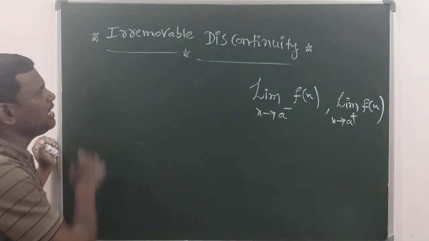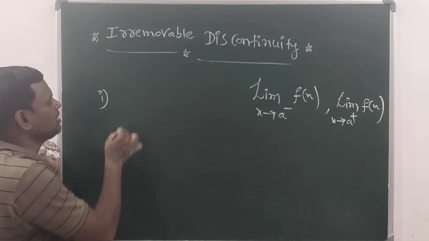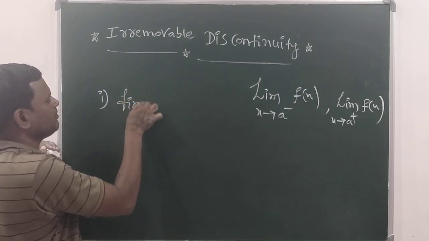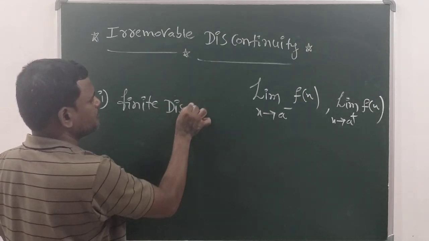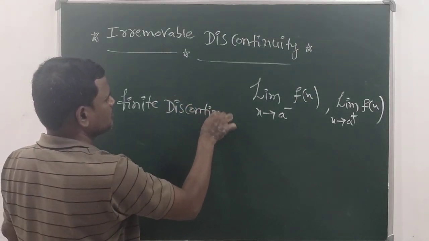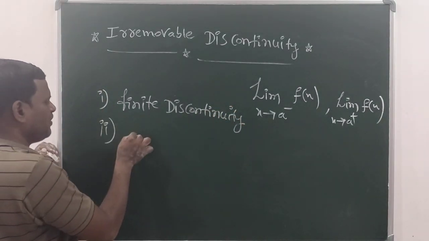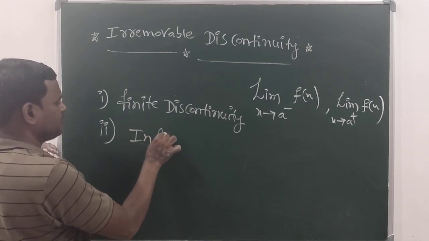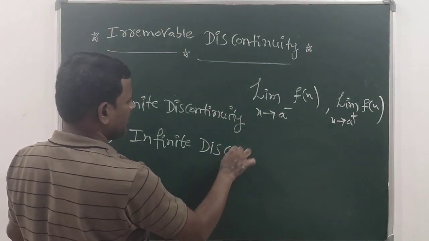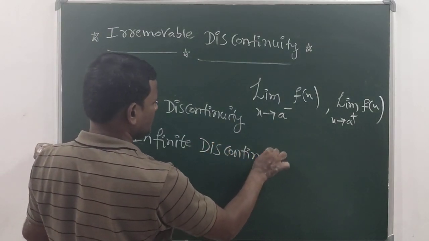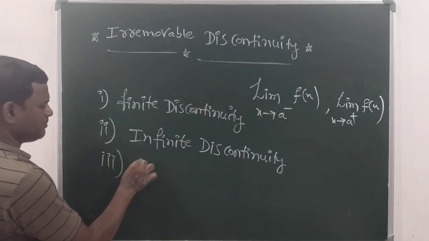Now in this irremovable discontinuity there are three types. One is called finite discontinuity, the second one infinite discontinuity, and the third one oscillatory discontinuity.